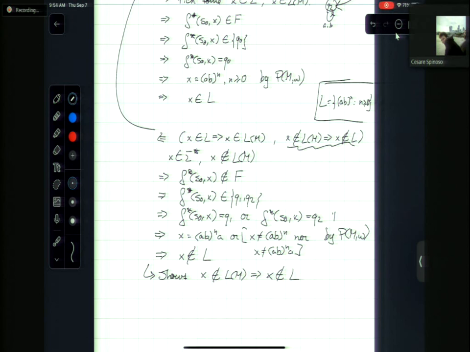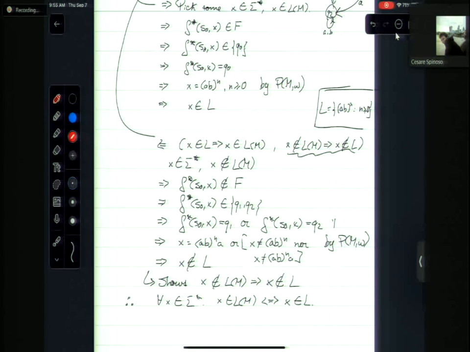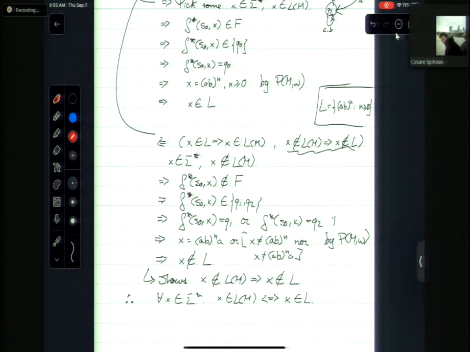Therefore, for every X in sigma star, X is in L of M if and only if X is in L. Just before I let you go, this process is exactly what I want you to do for assignment 1, question 4, parts 2 and 3.